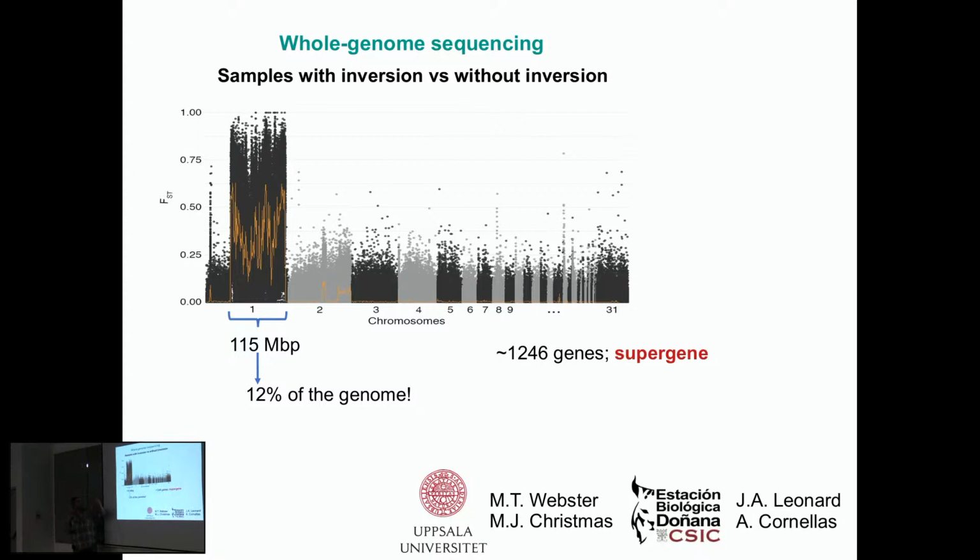Where I'm going is that we can see that the divergence is higher at the beginning and at the end. So for those analyses, what we did is first to select only the most extreme areas of the inversion, not the entire inversion, but just those areas, to make sure that we're avoiding any recombination. That would be the first step.